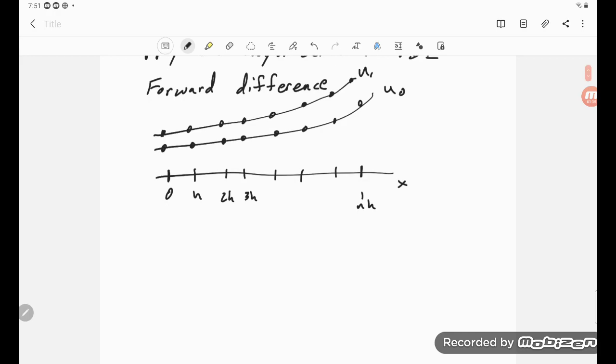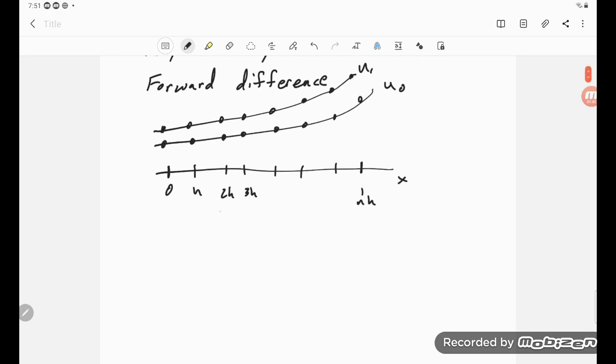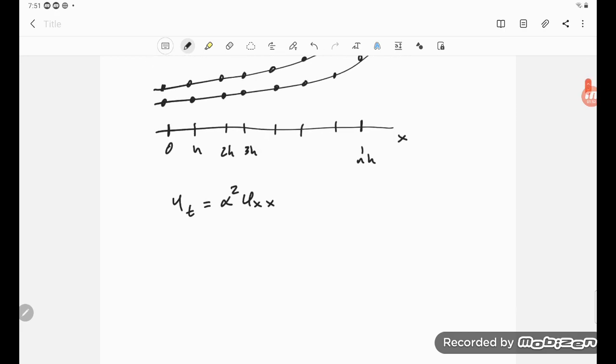And that's the thing, we're doing partial differential equations. So what we want to do is take u sub t, which is equal to alpha squared u sub xx, and we would like to use our Taylor approximations for this.